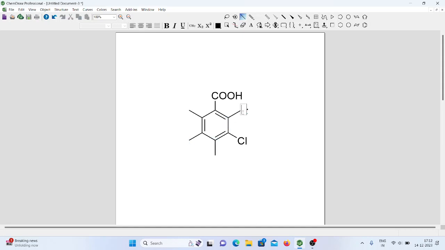This is for understanding purposes only. Here is one hydrogen, here is one hydrogen, here is one hydrogen, here is one hydrogen. Before the interpretation of any spectra, first you need to understand the equivalent and non-equivalent sets of protons, right?